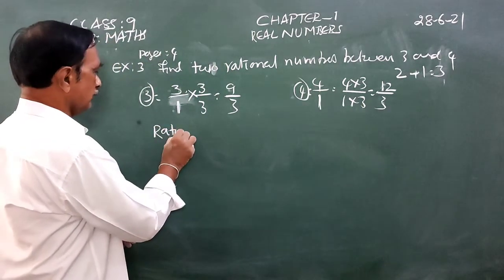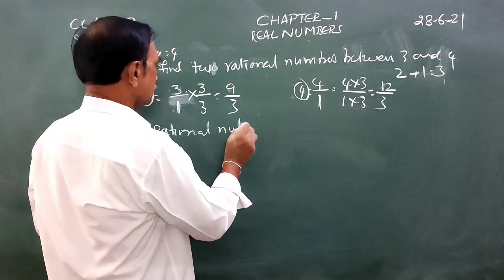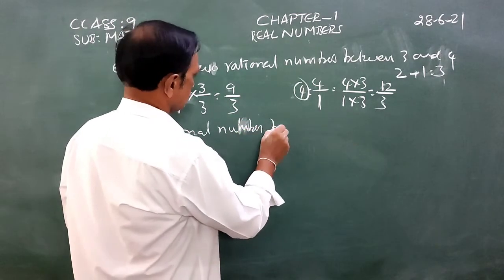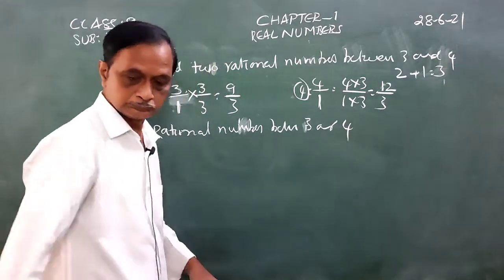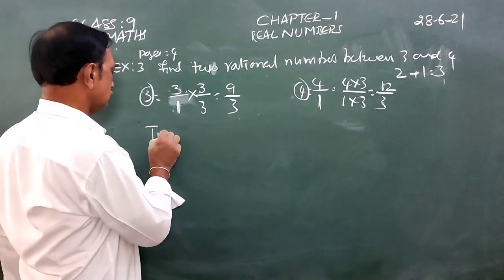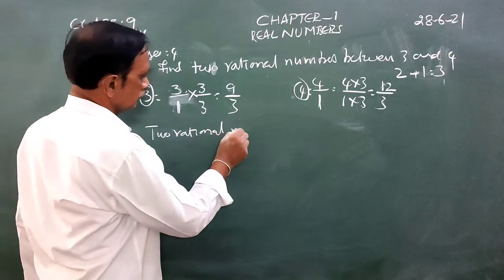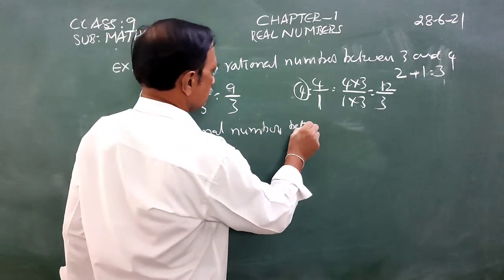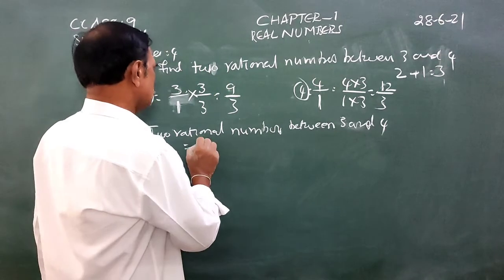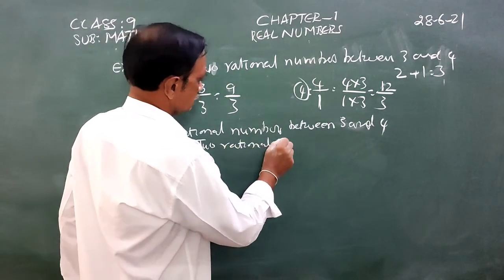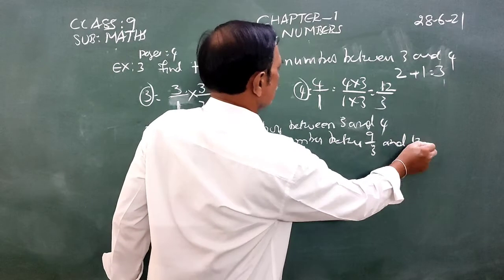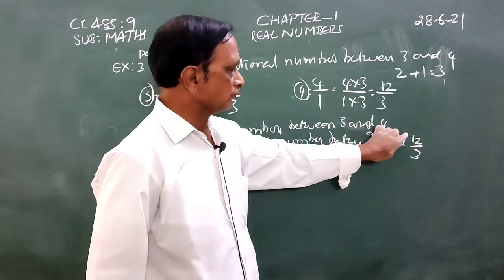So, two rational numbers between 3 and 4 is same as two rational numbers between 9 by 3 and 12 by 3, because 3 equal to 9 by 3, 4 equal to 12 by 3.